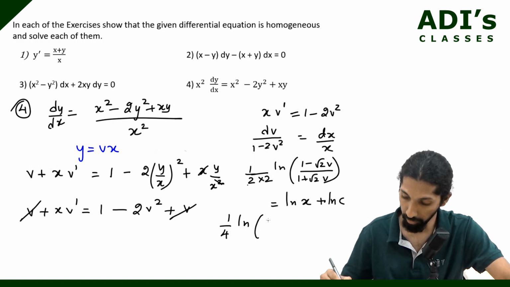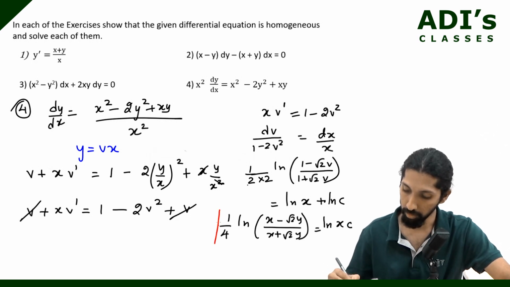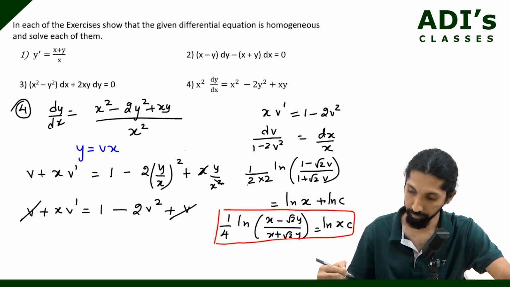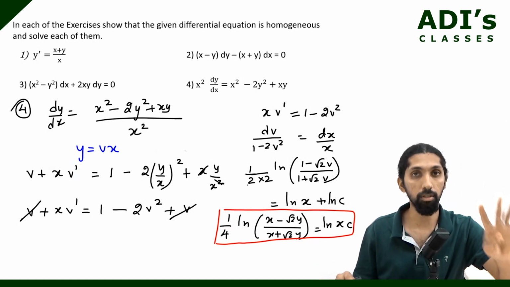This is going to become x minus root 2y by x plus root 2y is equal to log of x into c. So you can keep saying that this is going to be the final answer. Make sense? So this is the answer for the fourth question.